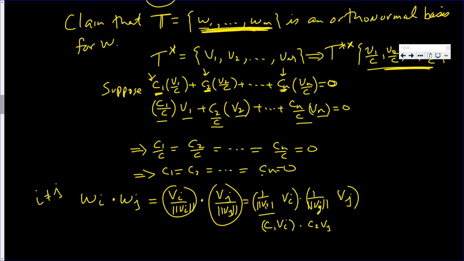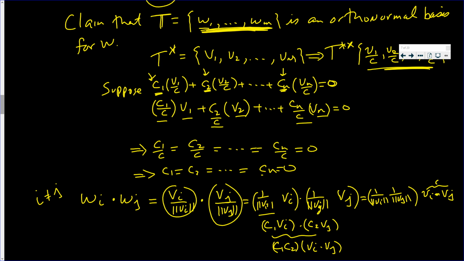Well, I know that, we proved it earlier, not earlier today, but in another video, this equals 1 over the length of Vi times 1 over the length of V sub j times Vi dot V sub j.